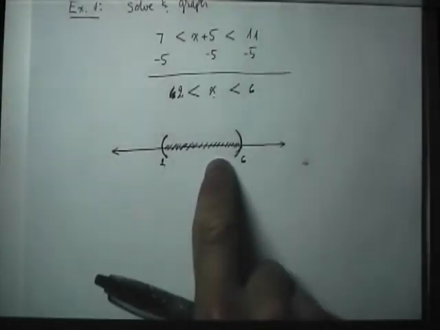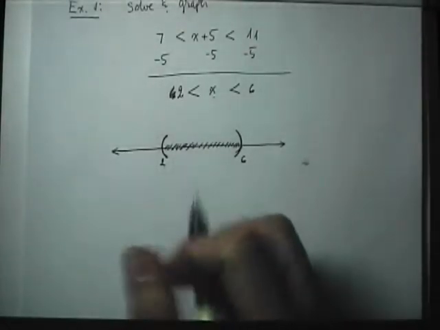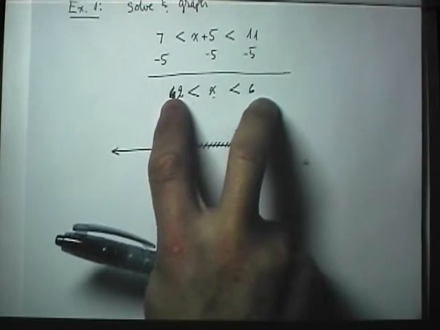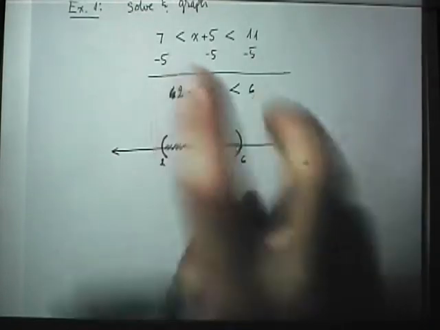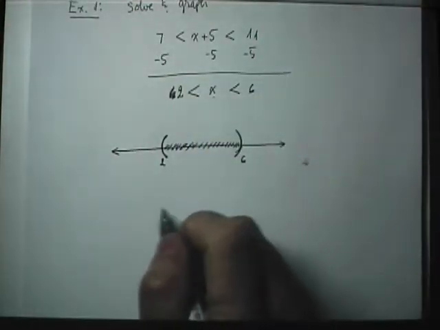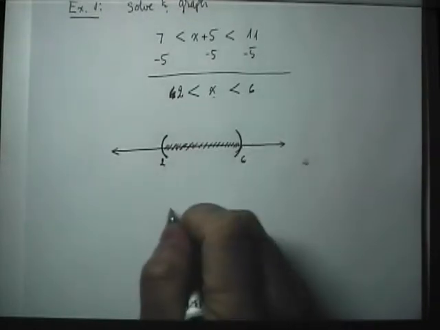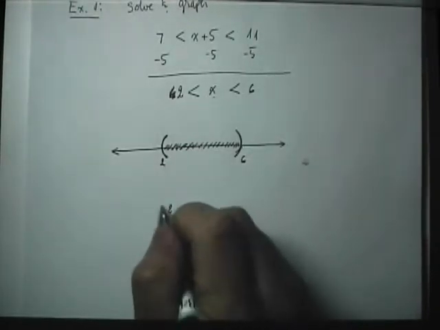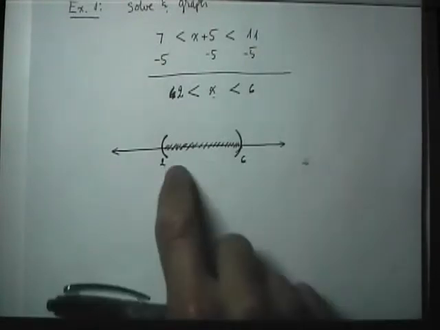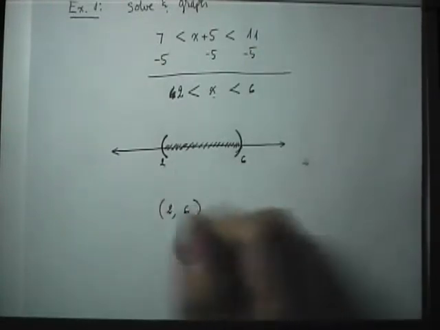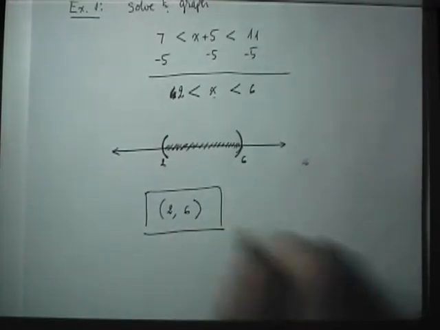That's how I graph my solution. Then, expressing this final solution in interval notation, I create an interval in between 2 and 6. So I have (2, 6) with parentheses on both sides, just like the graph is indicating. That's my interval notation.